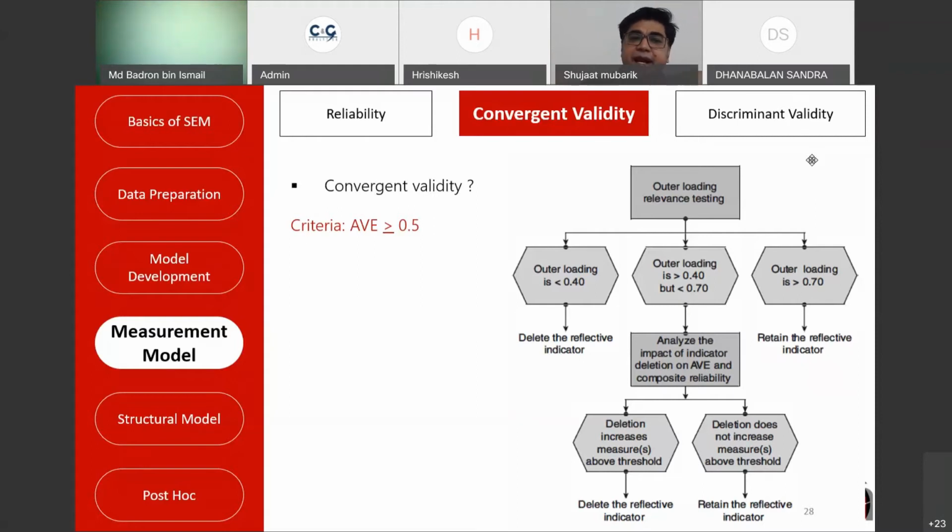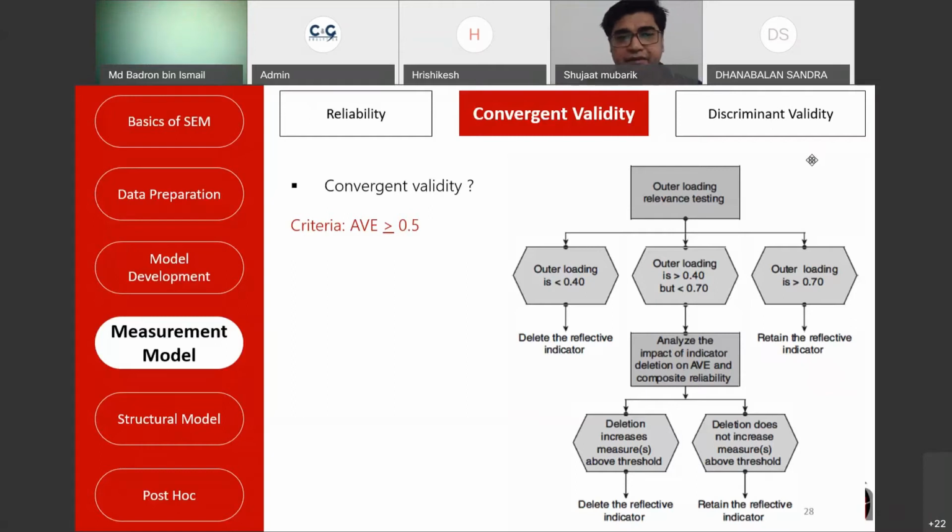It means that if the average of my factor loadings is 0.70, my AVE value would be 0.50. So that's why, if one item has a value of 0.80 and the other has 0.60, the average is 0.70. So that's why we do not remove an item which has a factor loading even less than 0.70.